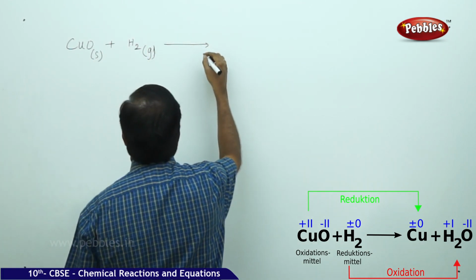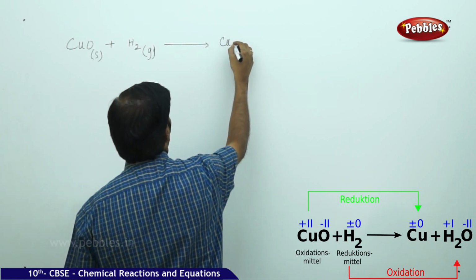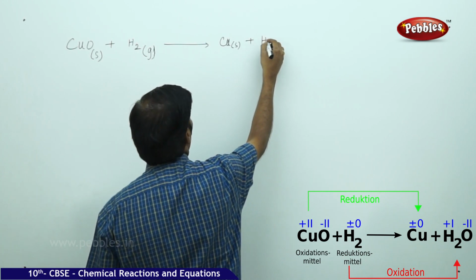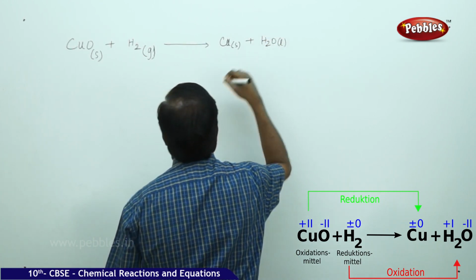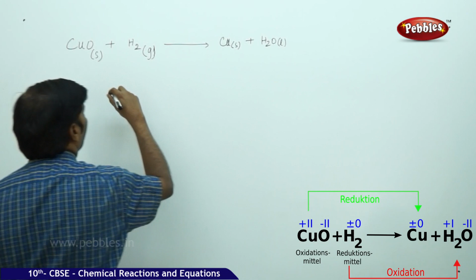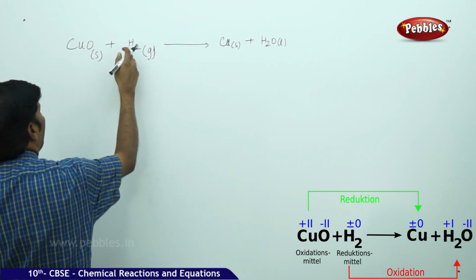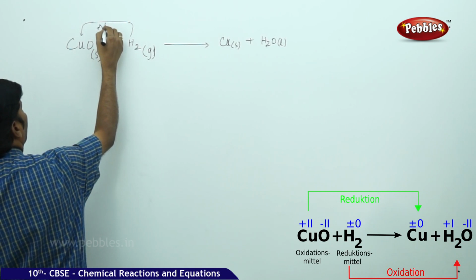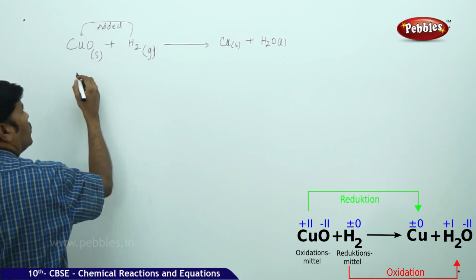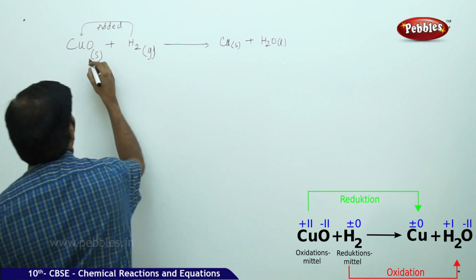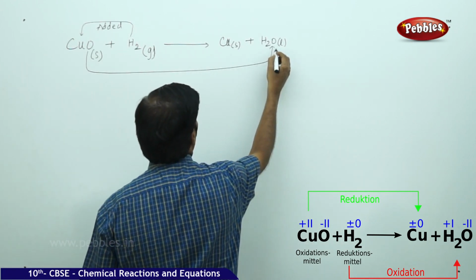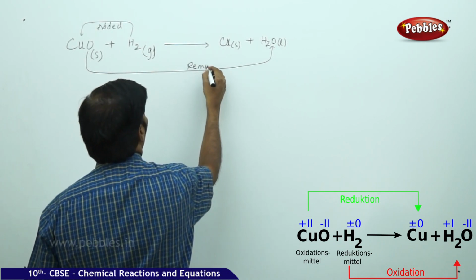When treated with hydrogen gas, it forms Cu solid, copper solid, plus H2O liquid. So what you are noticing here is that we are adding hydrogen. H2 is added, and oxygen is removed.